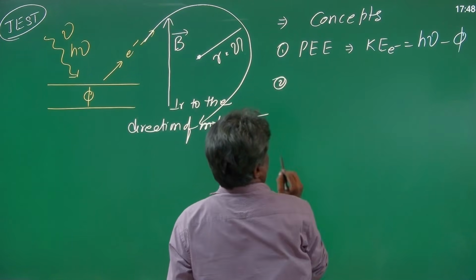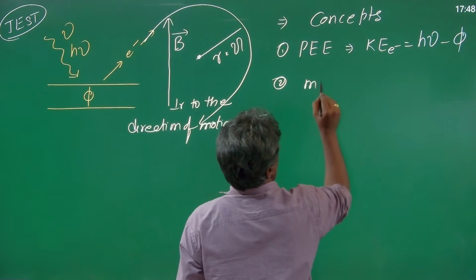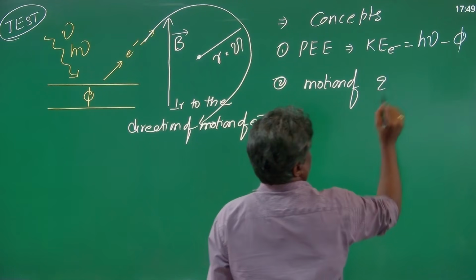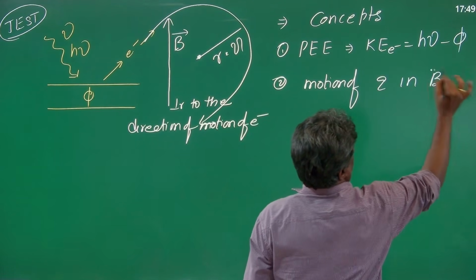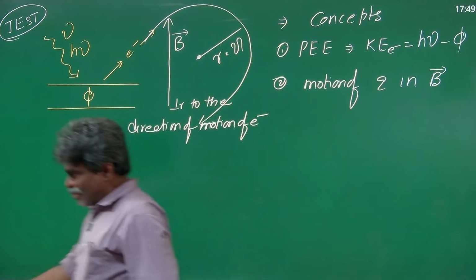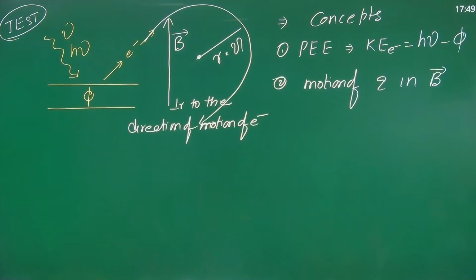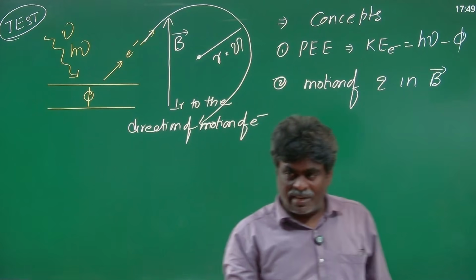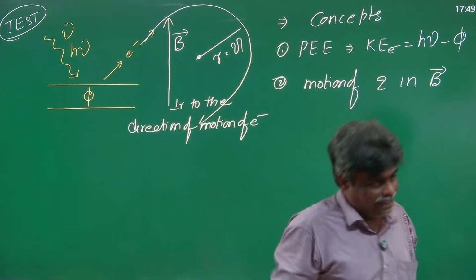And the second part is the motion of a charge in a magnetic field. Just a few minutes back, we discussed a charged particle in an electric field. What will that electric field do? Accelerate.